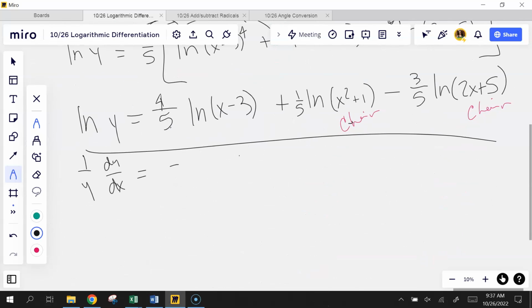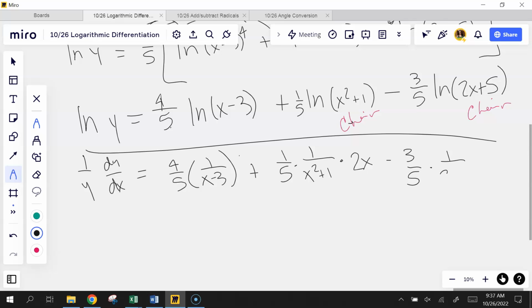All right, so I have 4/5 times 1 over x minus 3 plus 1/5 times 1 over x squared plus 1, but I need to chain it. I'm doing the derivative now. Implicit differentiation here.